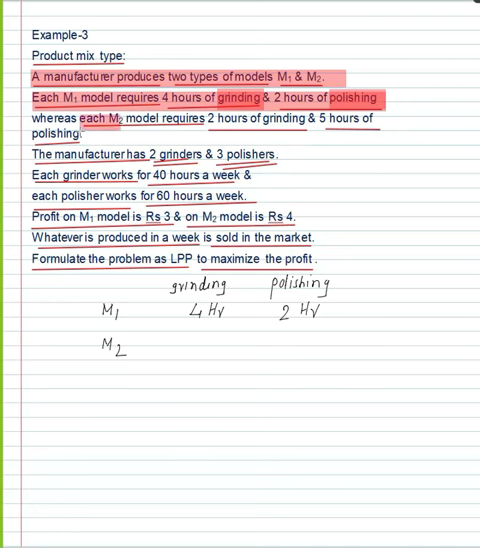Similarly, each model M2 requires 2 hours of grinding and 5 hours of polishing. The manufacturer has 2 grinders and 3 polishers. Each grinder works for 40 hours a week.